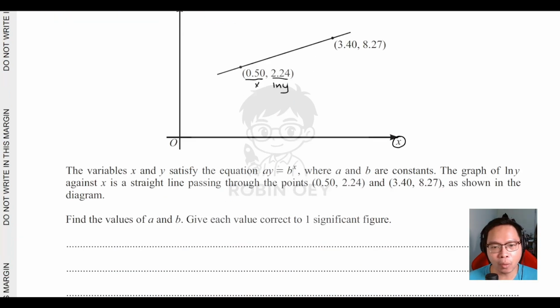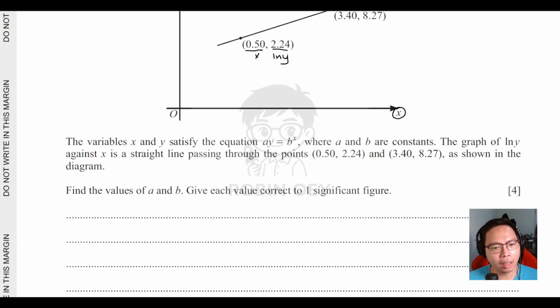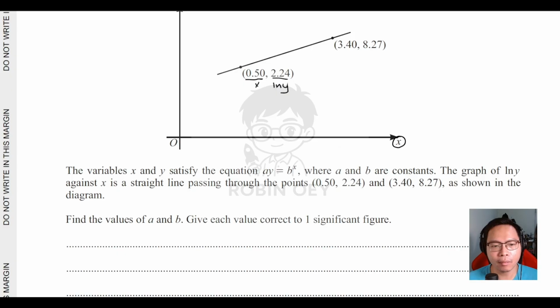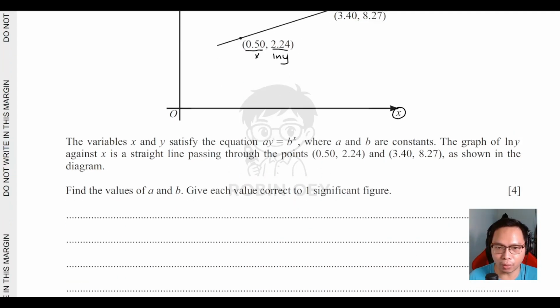So one thing first, make sure that we know the label of the graph, which is x and ln y. Sometimes the graph would be ln x and ln y, so make sure that we take note of the coordinates first. Next, once we have that information, we go straight to the equation, which is ay equals b to the power of x.